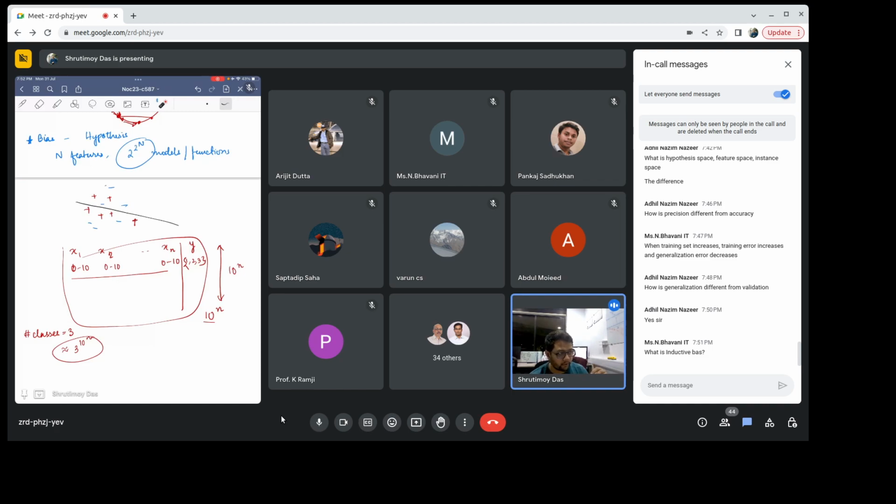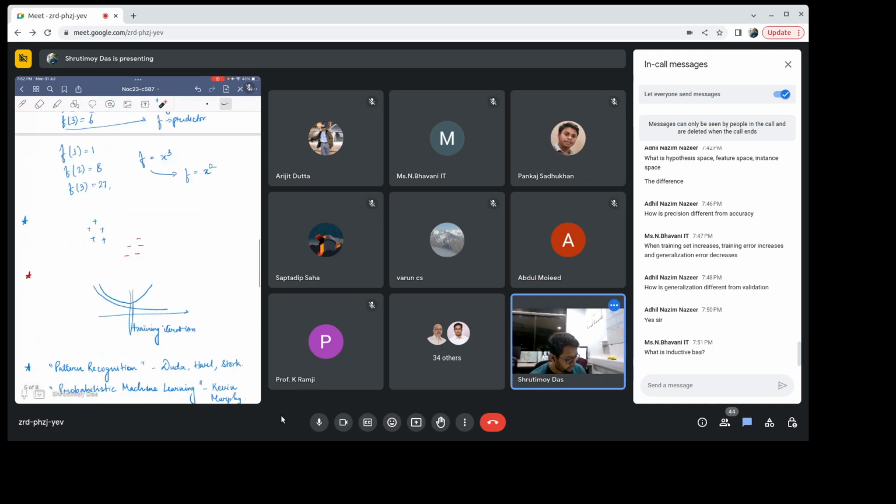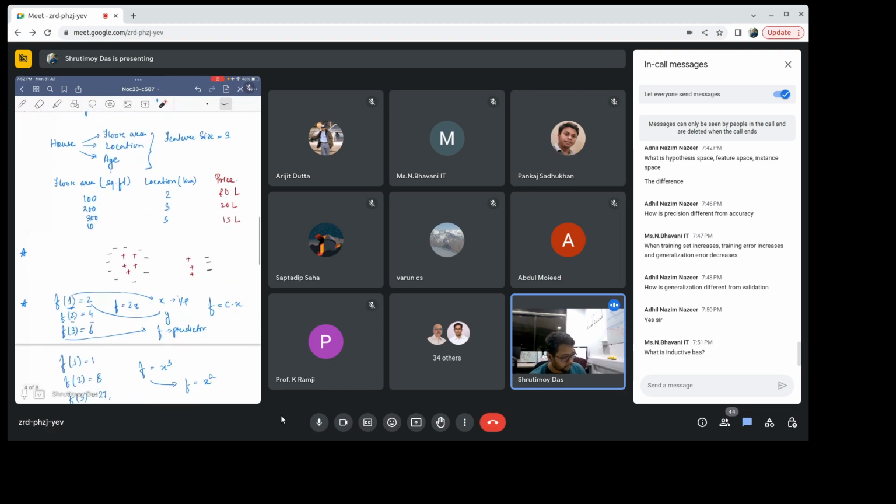Suppose for this example we say that we want to look into models of this one, and we don't want models of this one. This sort of constraint or bias is called an inductive bias.